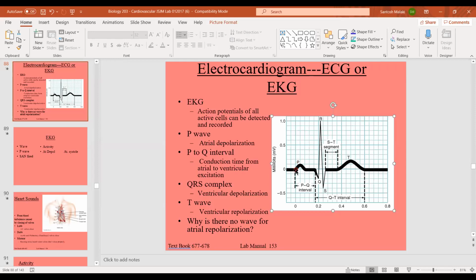And number two, the action potential is spreading in the atria and the atria is contracting. And because it's a positive electrical charge, you see the wave going up. If you see the wave going down, that's a negative charge. You can see here negative 0.5, positive 0.5, plus 1. That's the millivolts. So it's a small electrical activity.